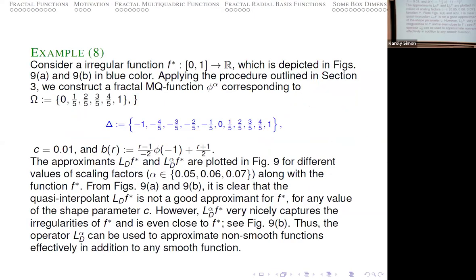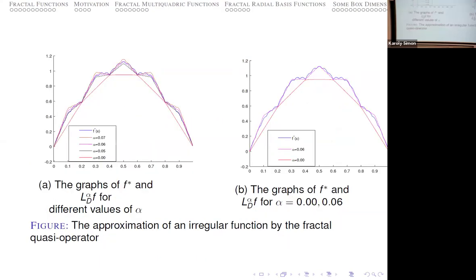Similarly, we have approximated irregular functions, not necessarily only smooth functions, functions whose derivative is irregular. Even if we have functions which are very irregular in nature, one can construct the fractal multiquadric function, and this operator will give you very good approximation. Here you take this original function, which is the blue one.